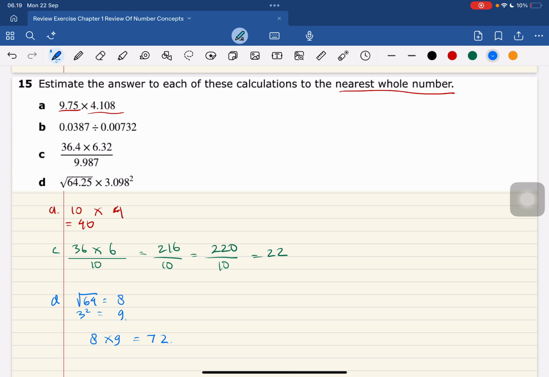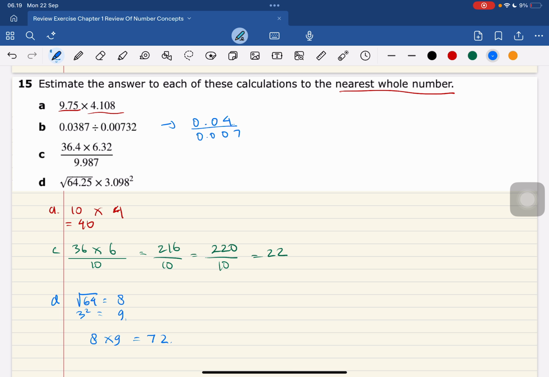Okay, so let us make it. The first is going to be 0.4, one significant figure. We divide by 0.007. Can we make it like this?